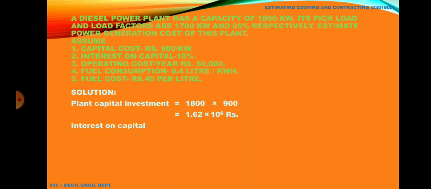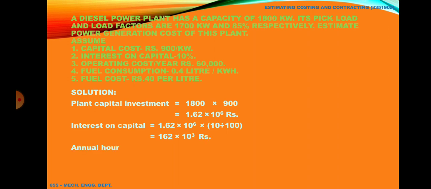Now, interest on capital. How much percentage? 10%. So 1.62 into 10 raised to 6 into 10 by 100, because interest on capital is 10%. So it is equal to 162 into 10 raised to 3 rupees.